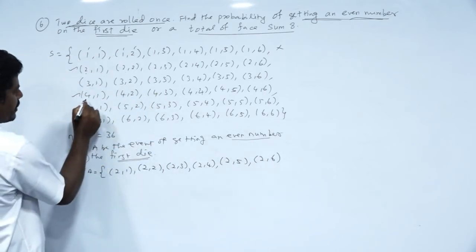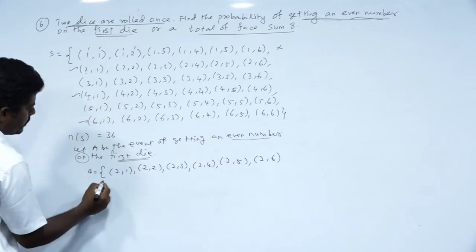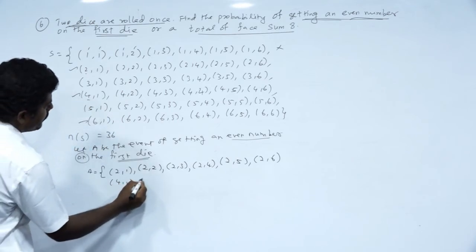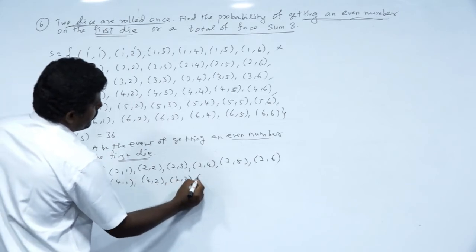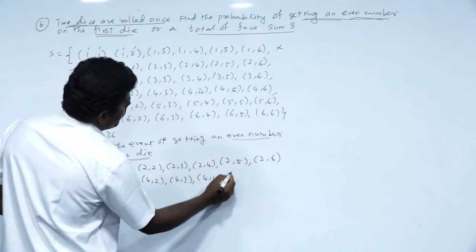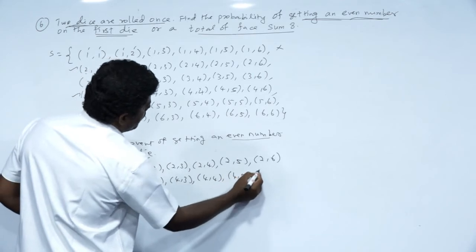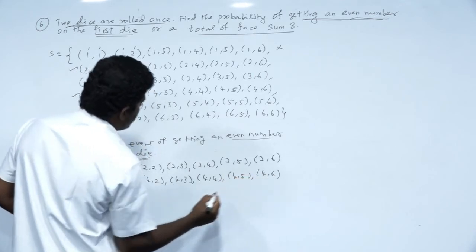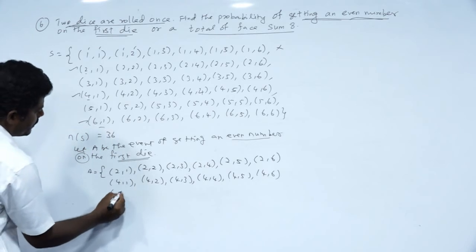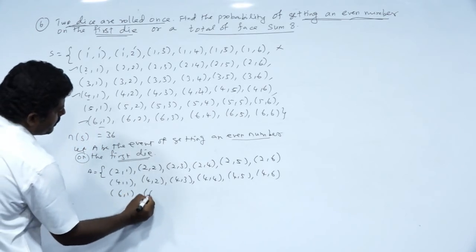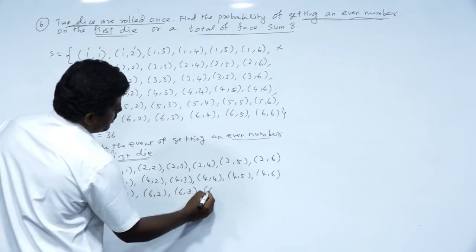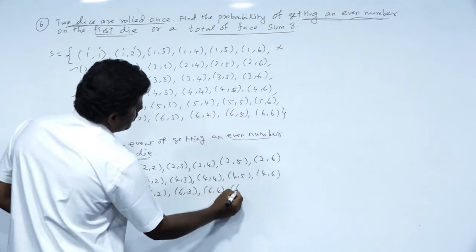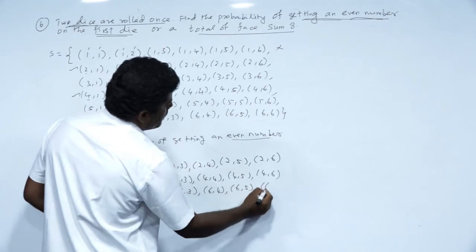Next, first day outcome even number: 4,1; 4,2; 4,3; 4,4; 4,5; and 4,6. After that 6,1; 6,2; 6,3; 6,4; 6,5; and 6,6.